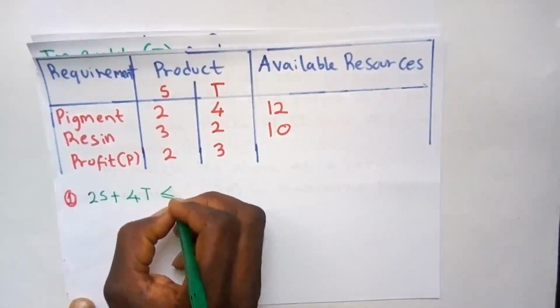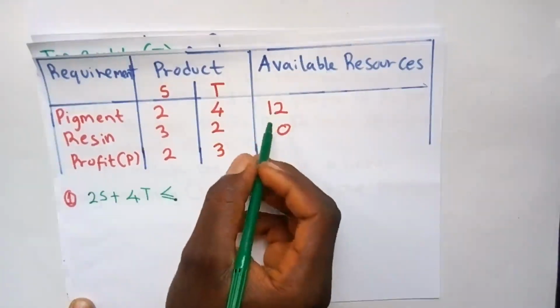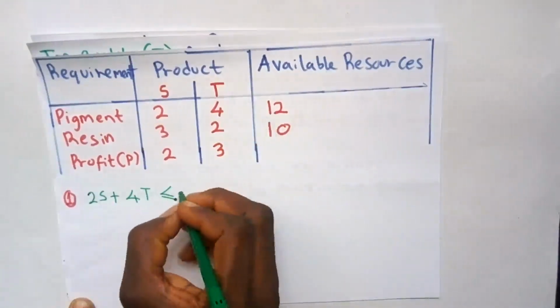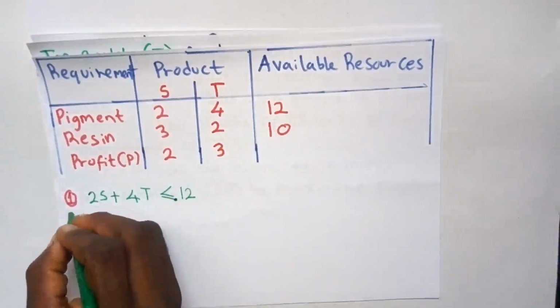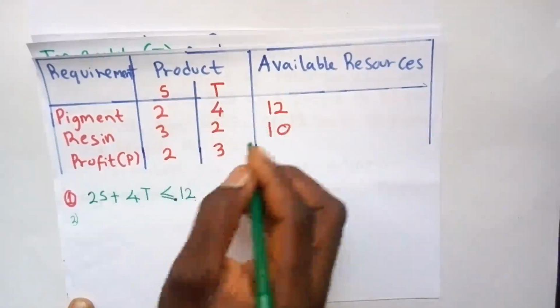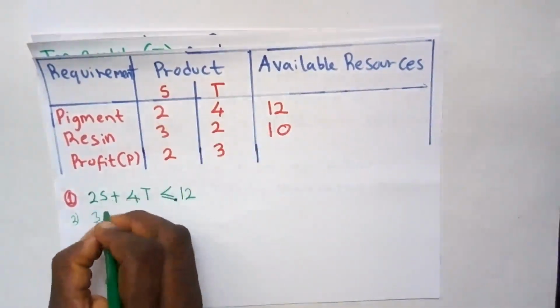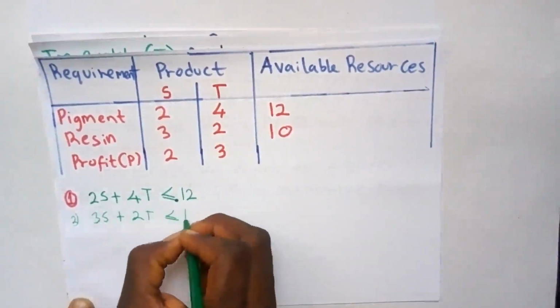If it is a minimization problem, you use greater than or equal to. So this is a maximization problem, so you are using less than or equal to 12. To get your second constraint, 3s plus 2t is less than or equal to 10.